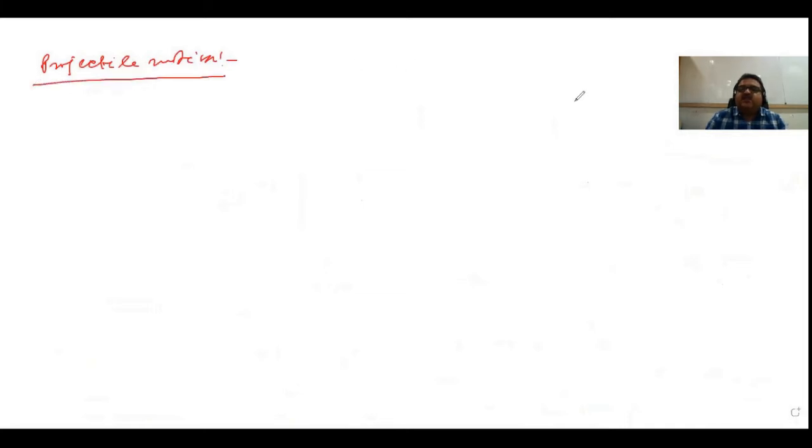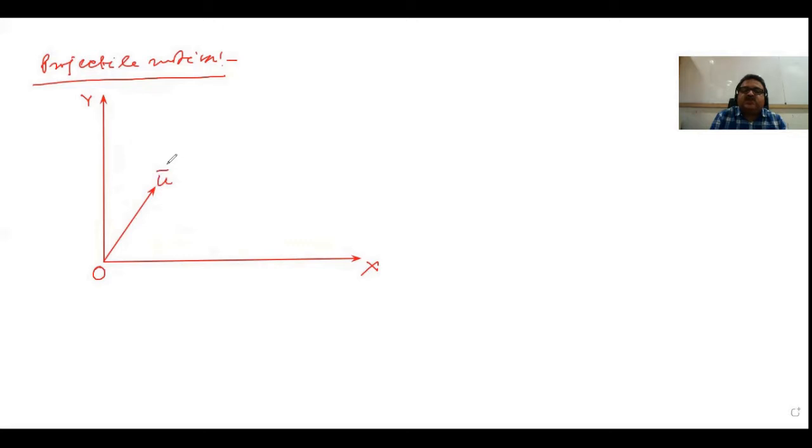Suppose a body is projected from a point. Always take the point of projection as the origin. Okay, this will help you to do the calculation, right? Taking this along x-axis, this along y-axis, and this is the point of projection, let it be O. And suppose it is projected with a velocity u. I told you this velocity is called velocity of projection, and this angle is theta.